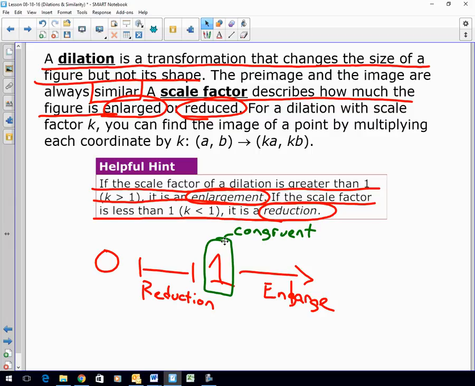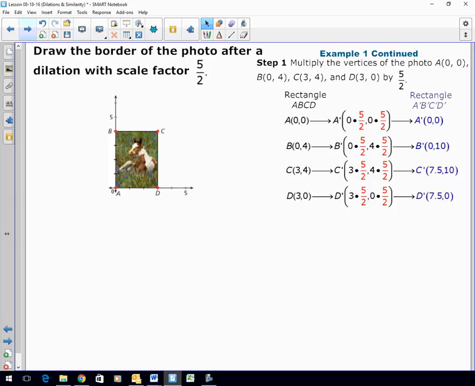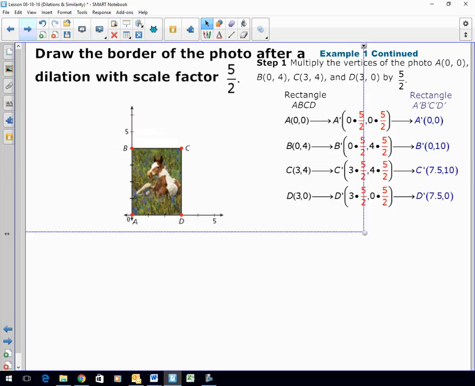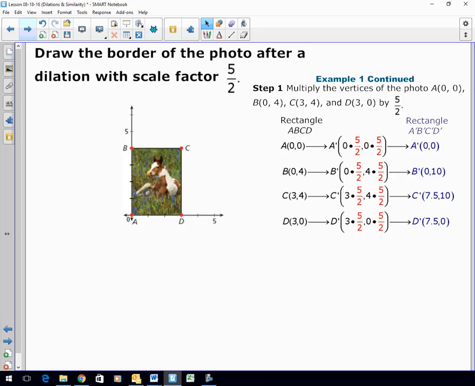All right. See what this might look like in an actual problem. Here we go. It says draw the border of the photo after a dilation with a scale factor of 5 halves.